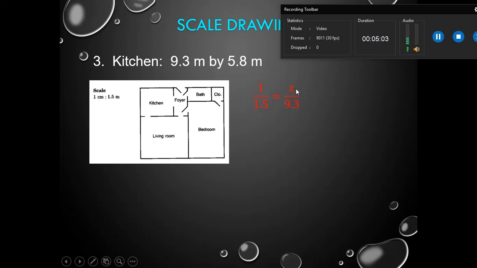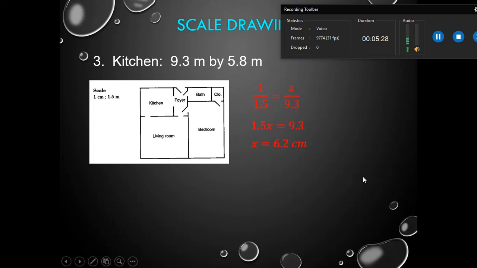The dimension on top is the centimeter dimension on the scale drawing, and that's what's missing. 9.3 is the meters, so we want to keep our like items together. When I cross multiply, I'm going to have 1.5x equals 9.3, and then we'll have to divide both sides by 1.5 to get our answer. So the scale drawing has a dimension of 6.2 centimeters.